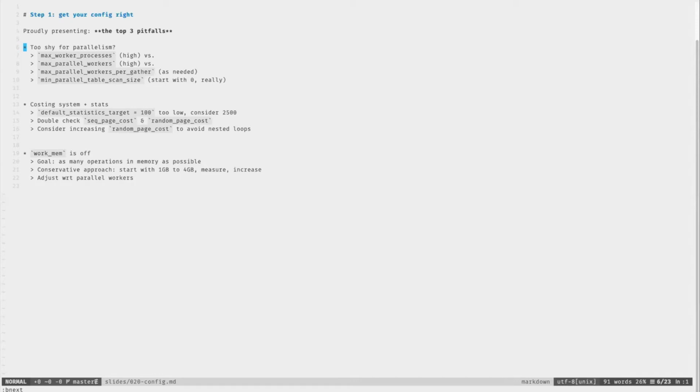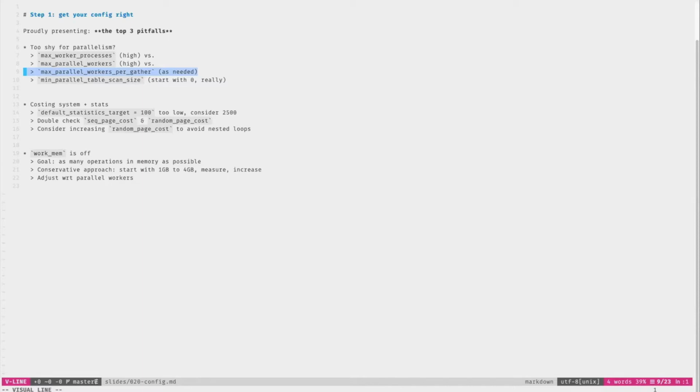The rule of thumb here is to set the first 2 really high, and then the 3rd one as needed. So if you have a machine with, for instance, 24 virtual cores, then you can try to start setting the max parallel workers per gather to 24, right? Because that means if your query runs, it can make use of up to those 24 cores.